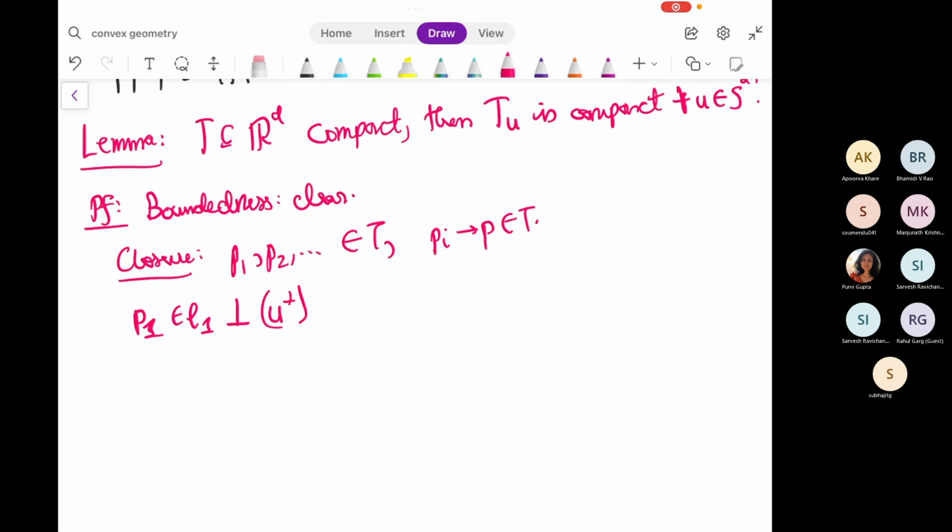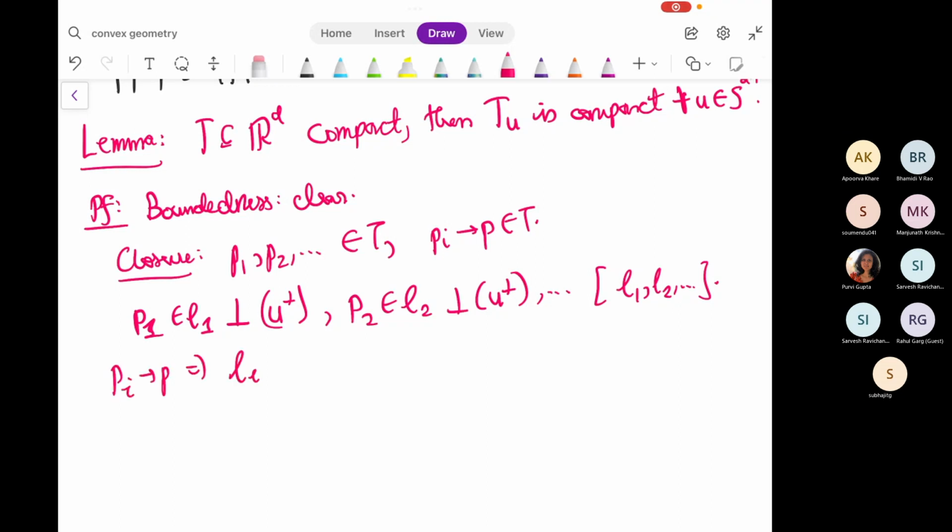So there is a unique line which passes through P1 but which is perpendicular to the hyperplane that we are considering. And similarly, P2 is also contained in a particular line, and so on. So you get this sequence of lines L1, L2, and so on. The idea here is that because the Pi are converging to P, the lines Li will also converge to the line L as convergence of sets.